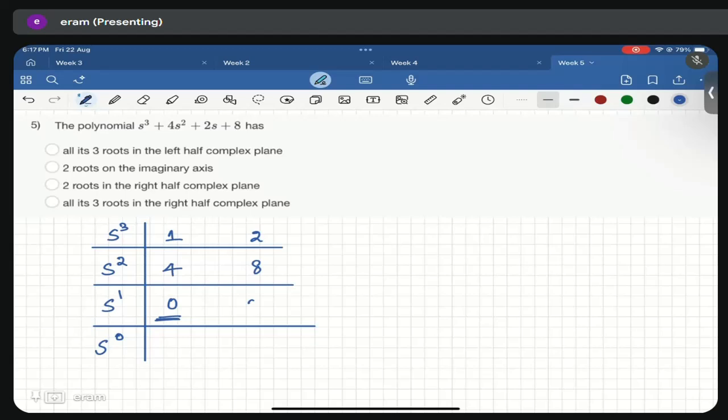Substitute 0 with a small positive number epsilon, a very small number in place of 0. Now what can we write for s0? 8.